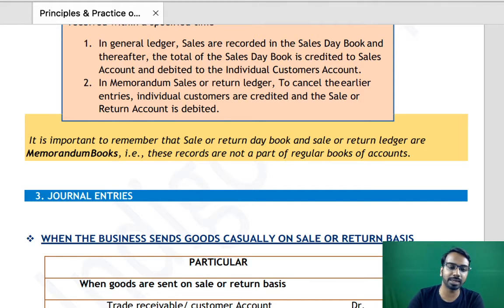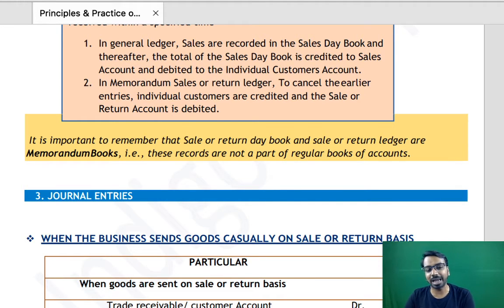So what do I mean by that? Let us say we send 100 units to a customer. If it is on approval or return basis, those 100 units will be considered as sold only if the customer approves them within the specified time frame, or if within the specified time frame the customer does not accept the goods but doesn't even return them.